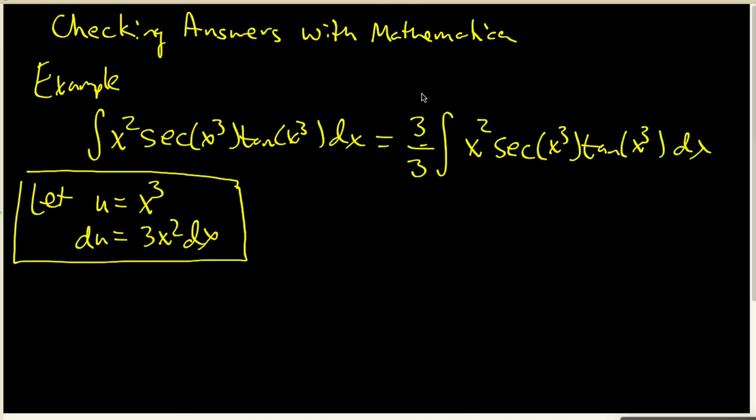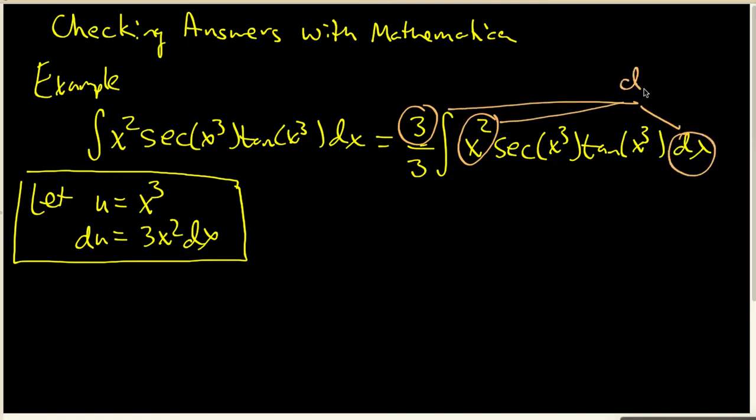When I go looking for the du, that's part of the du, that's part of the du, and that's part of the du. Those three things go together to form the du, and when I rewrite the integral, I've got 1/3 times the integral of secant of u times tangent of u du.